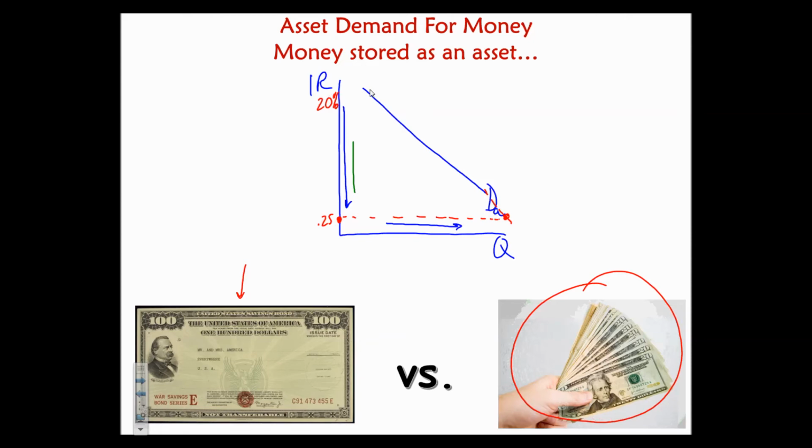So as interest rates rise, we're going to hold less money. So at a 20% interest rate, we're going to hold that much money, because if we end up holding a lot of money, we're missing out on that interest rate. On the other hand, interest rates are, say, 1%. We might want to hold more of our money to find something better to do with it. So that's the asset demand for money.